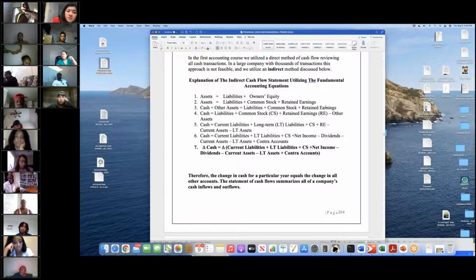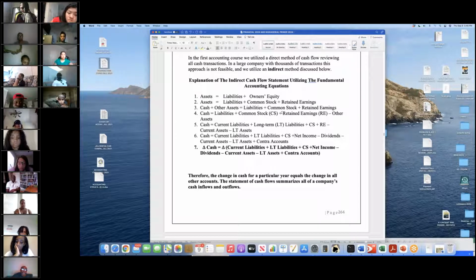Are there any questions on those first 3 equations? Any questions? We're just going from the standard equation. Equation 4: cash equals the liabilities plus the common stock plus the retained earnings minus the other assets. So we've done what? Put the other assets on the other side.